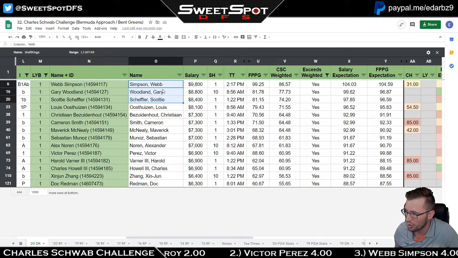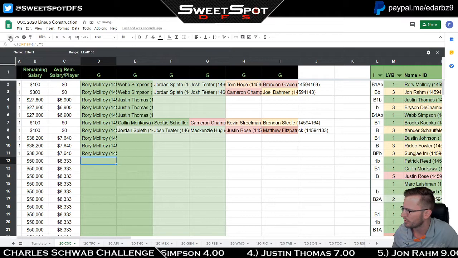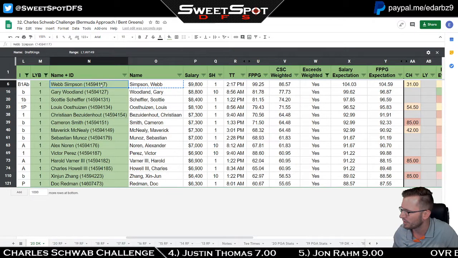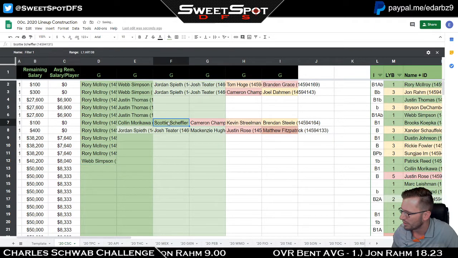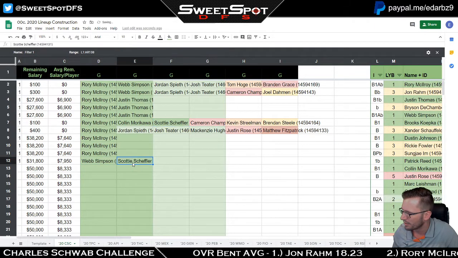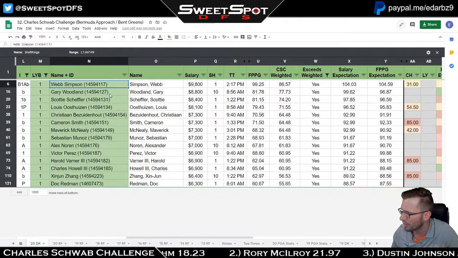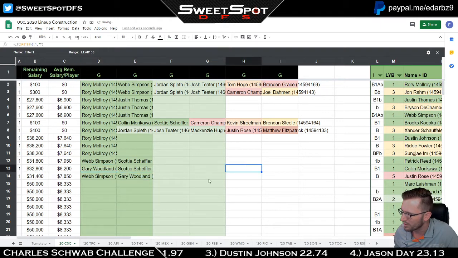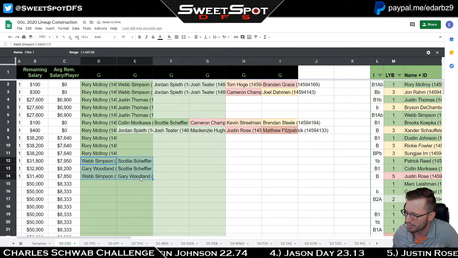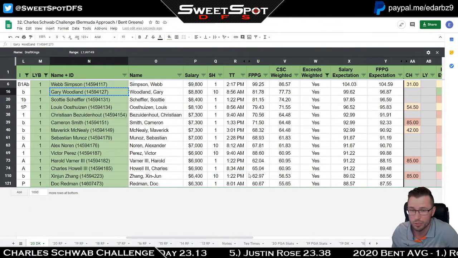I mean, you could pair Webb Simpson, oops, whoa, I copied the wrong one. So like Webb and Scotty. I'll put Scotty here and Webb here because then we're going to just throw Gary in the other places. We have Gary there and Gary there. So you could start your lineups like this. And that might be a solid approach to creating lineups.